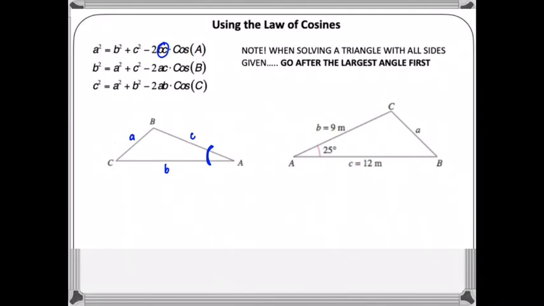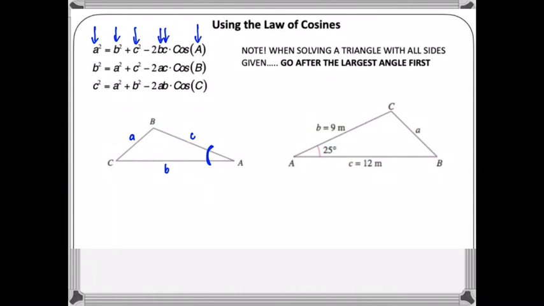So the makeup is always the side that is opposite of the angle, and then the B's and C's right here are the sides that make up the included angle A. So that's how you fill in things correctly if you don't have all the A, B, and C already laid out for you.